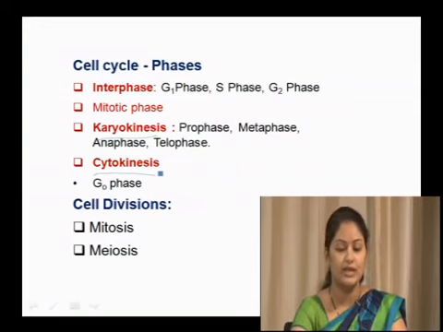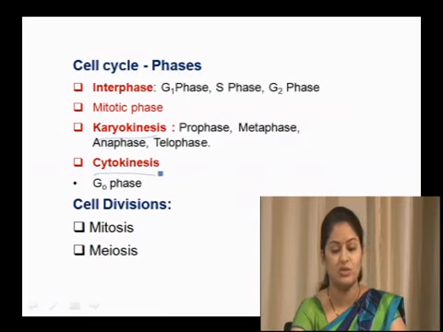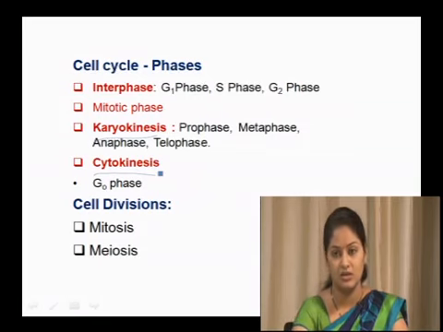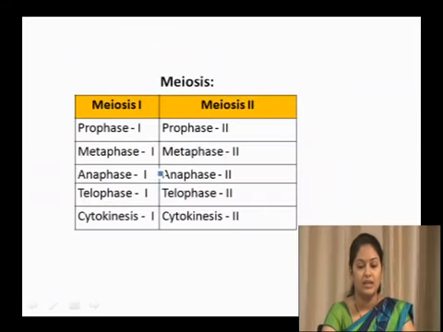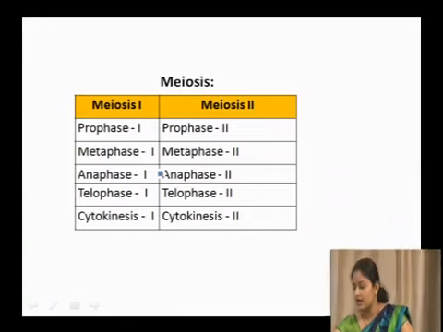Next one, types of cell divisions. Depending on different features observed, we can classify the divisions into mitotic and meiotic division, or simply mitosis and meiosis. Now the components under these are as follows.